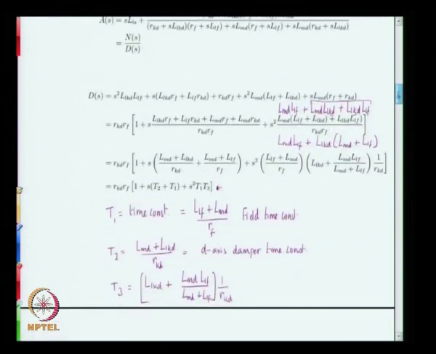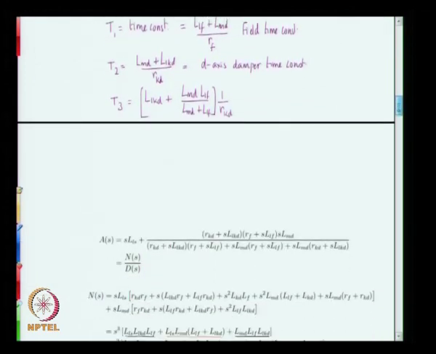By looking at that expression of the denominator we found that it could be decomposed into a term RKD into RF multiplied by a second order term which is in this form, and from that we identified the various T1, T2 and T3, these three terms as follows.